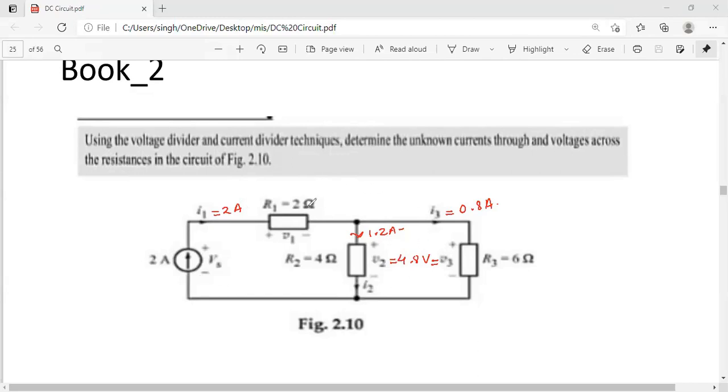So can you tell me now some trick to solve this? Anyone? Okay, let's simplify this circuit more.